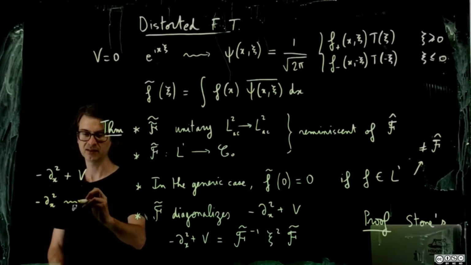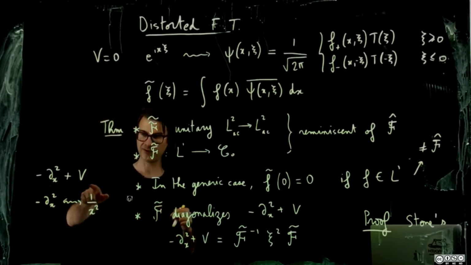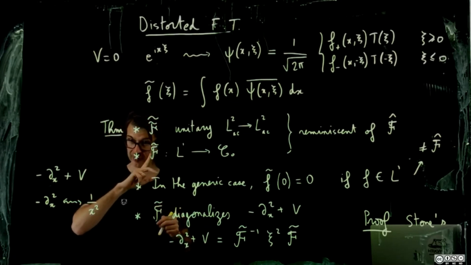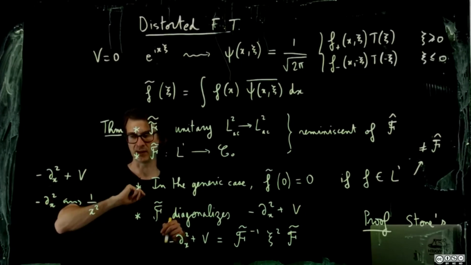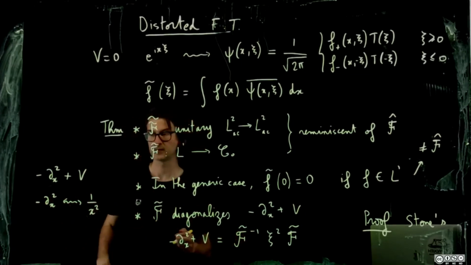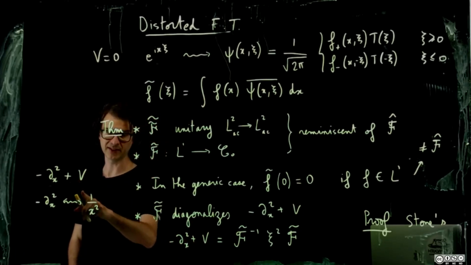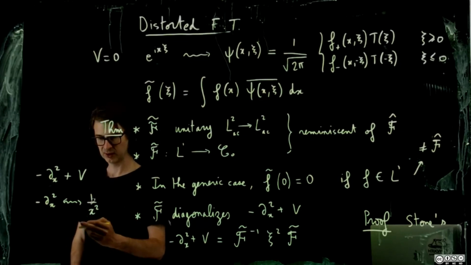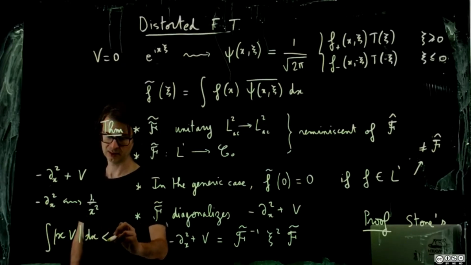So if v decays faster than 1 over x squared, the minus dx squared part is going to take over, and otherwise, perhaps not. So one way of seeing that v decays faster than 1 over x squared is to ask that the integral of x v dx is finite.